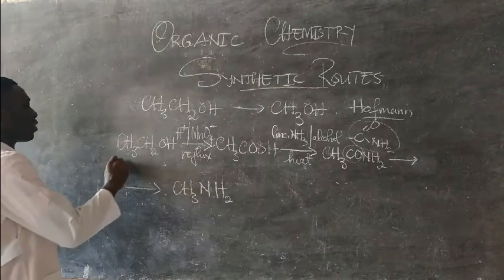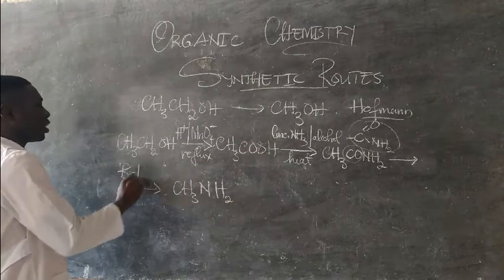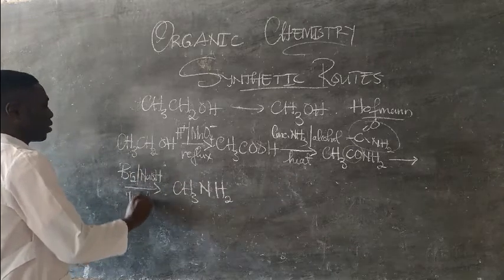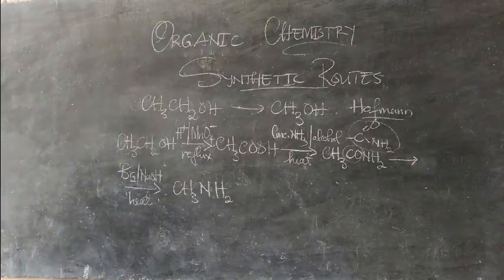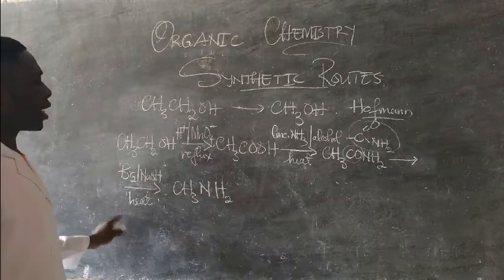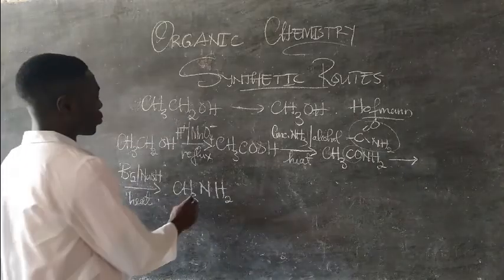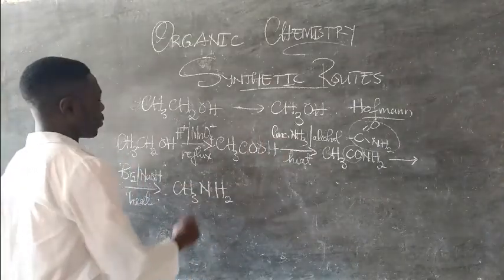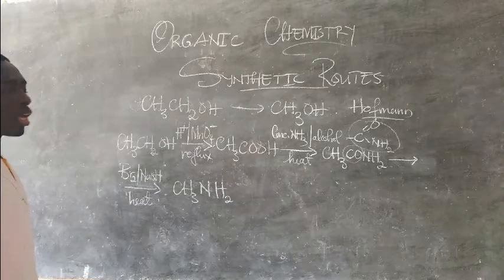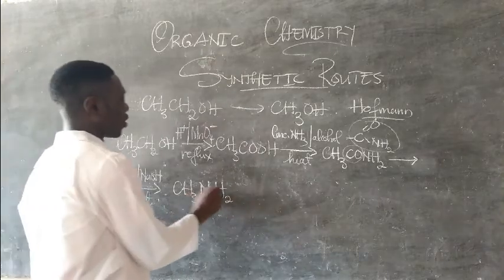And what we use there for the reagent is bromine in sodium hydroxide under heat. And of course, if we have bromine in sodium hydroxide and we are heating, we are going to remove that CO and we will be left with an amine. So this is methanamine.